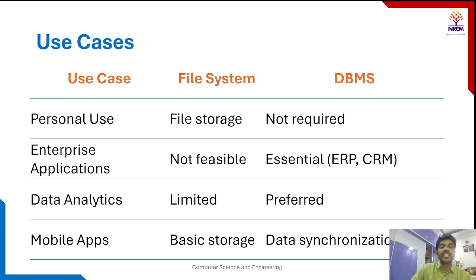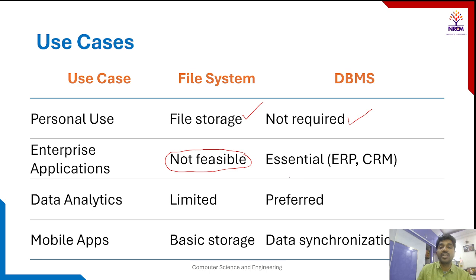And the use cases. For example, if you have personal use, you simply use the file system, the file storage, right? The database is not required for personal use. For enterprise applications, the file system is not feasible. You can do it, but not for all the applications.